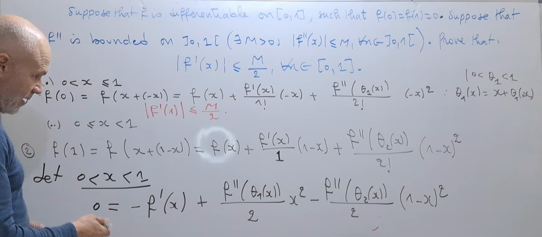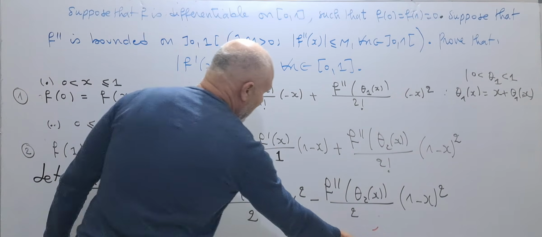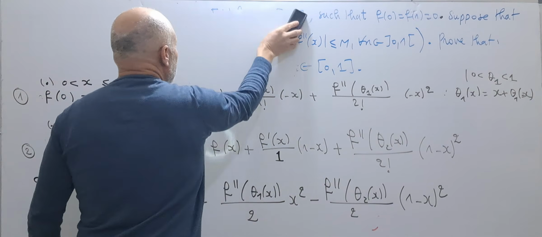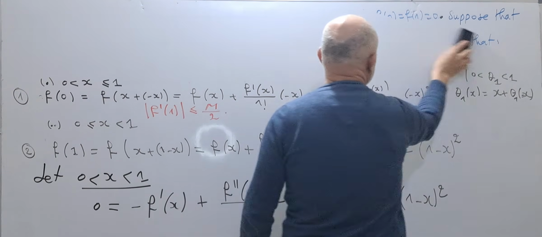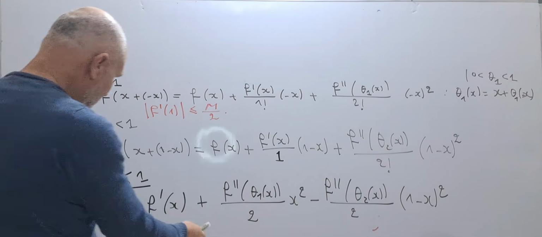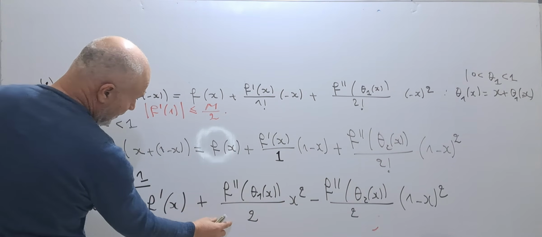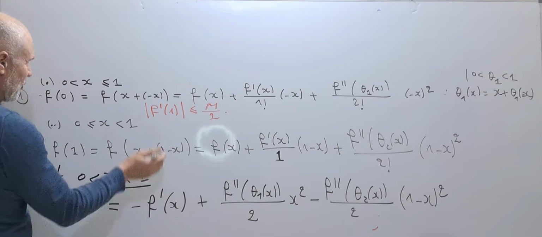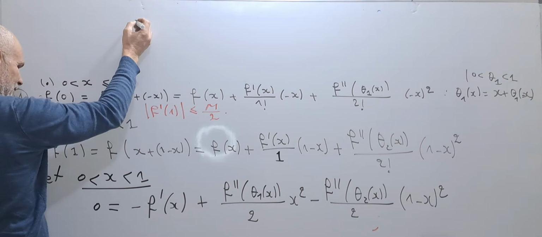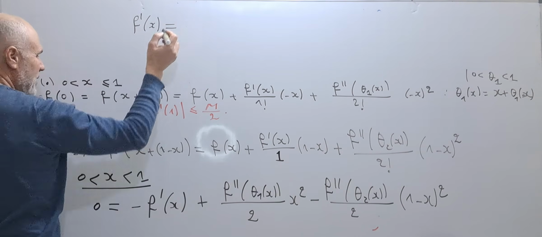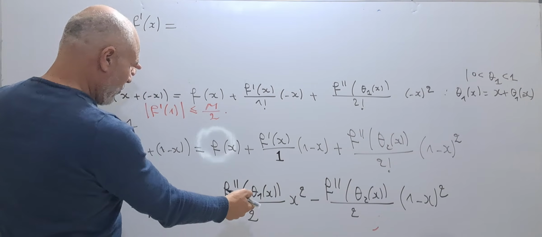All this is equal to 0. So from this side we have f prime of x. This is equal to this one.